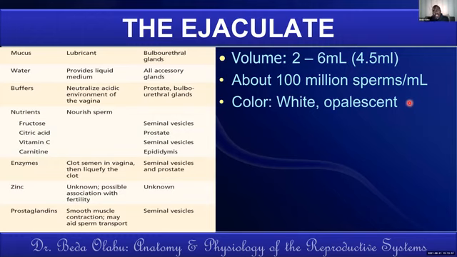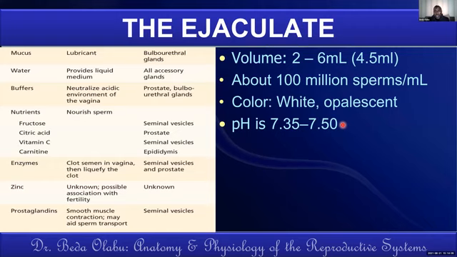The color is slightly opalescent. You can't see through it at the beginning. But if you allow semen to settle for about 30 minutes, then it will undergo liquefaction, and so you may see through it. It becomes more transparent. The pH of semen is slightly alkaline, and this alkaline secretion is largely contributed by the prostate gland.